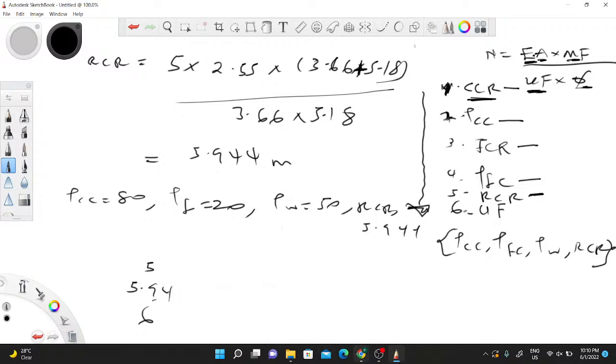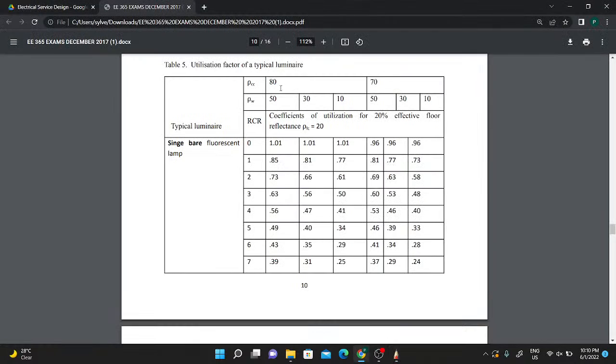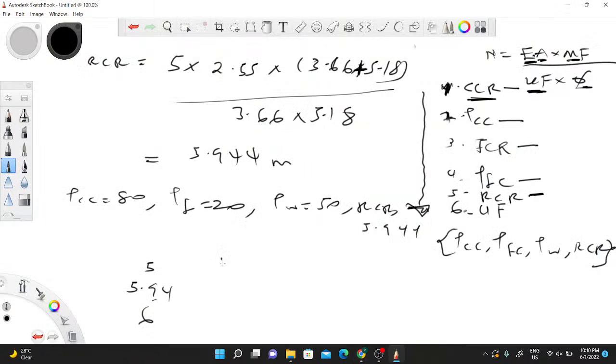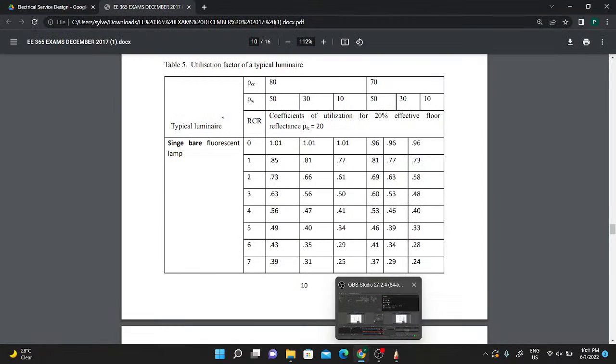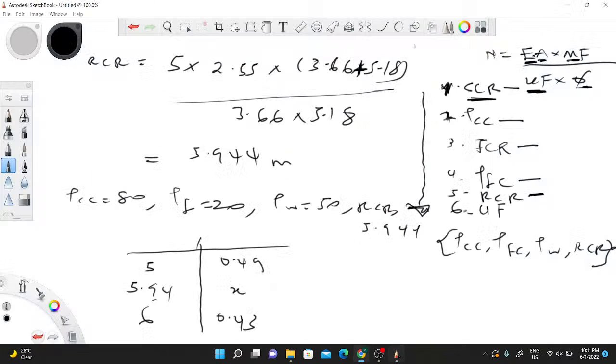At 5, I have 0.49. At 6, I have 0.43. So I put my 0.49 here, 0.43 here, and I find this x. You must take note that this x we are finding is our UF; this is the utilization factor table.